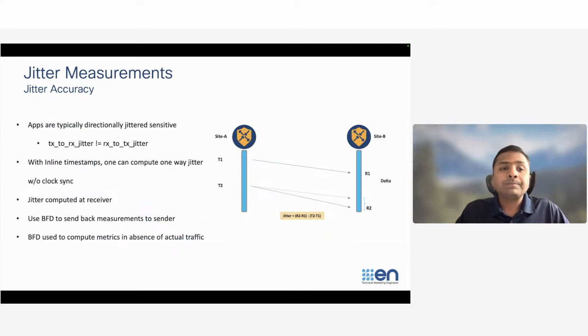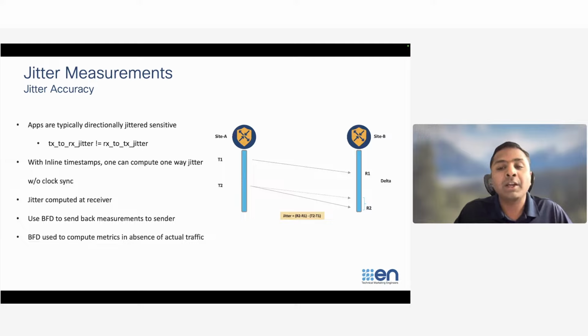For jitter, since the transmit to receive jitter is not the same as the receive to transmit jitter, we use the time delay variation in latency, a standards-based formula as shown here. So we measure the one-way, unidirectional jitter.